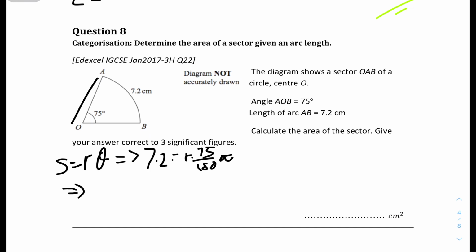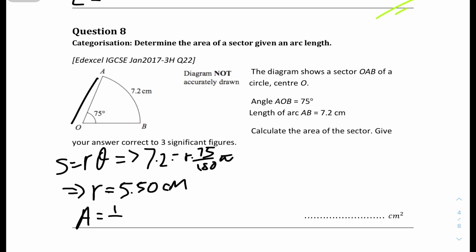And therefore, the radius will be, let me put it into my calculator, 7.2 divided by 75 over 180 pi. And this will get us a radius of 5.50 centimeters. So now we have the theta and we have the radius.